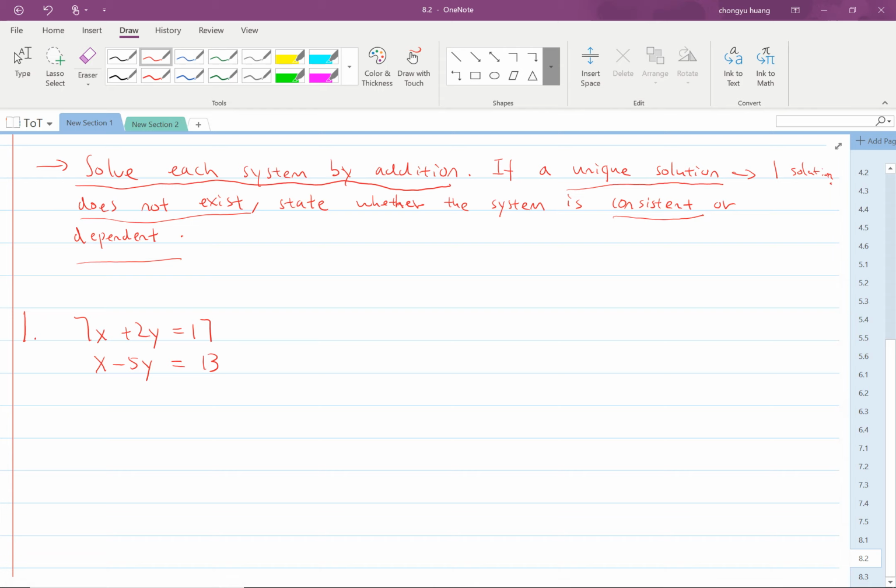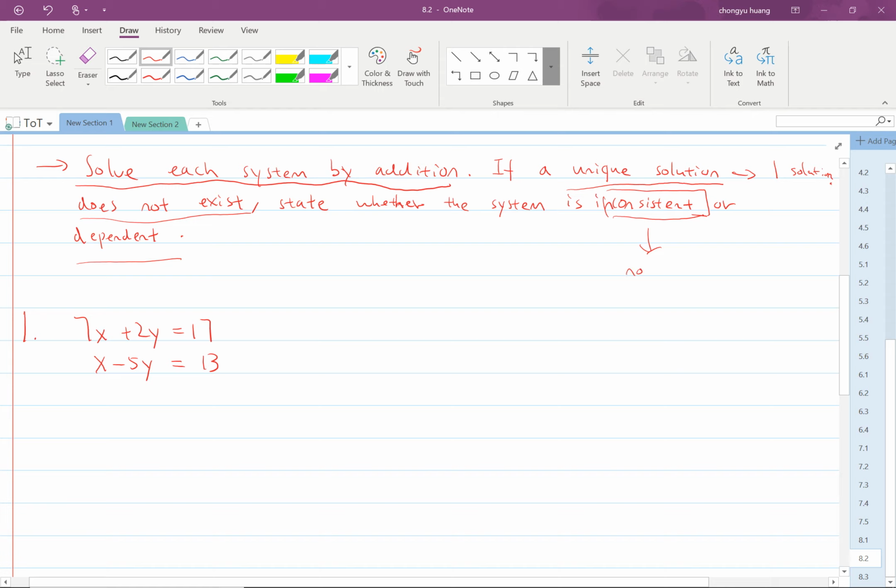If a unique solution does not exist, state whether the system is inconsistent or dependent.